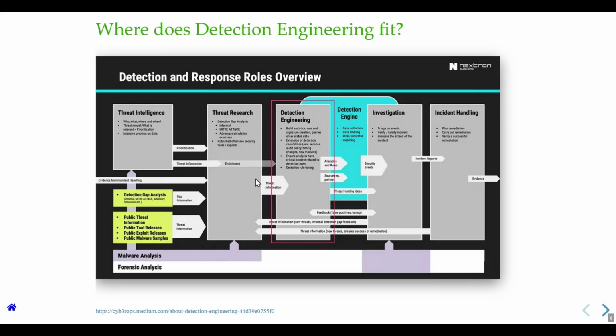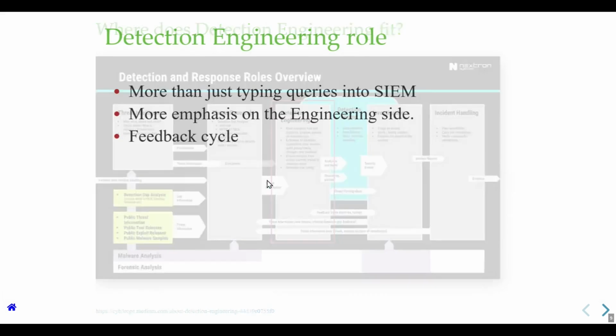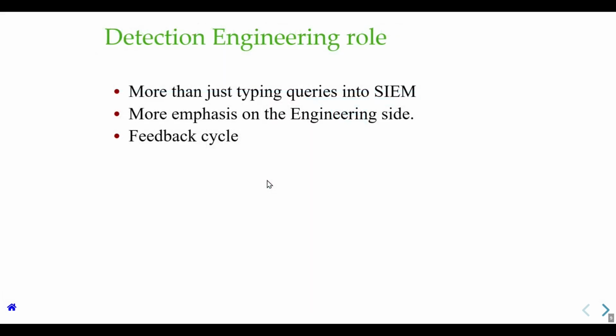So detection engineering is its own discipline where people can specialize. This is where the detection engineering role comes from. So it's not just being able to write queries into a SIEM and looking at data or reviewing logs manually. It's more really an emphasis on the engineering side and the feedback cycle. How can we make this better? How can we improve the process?